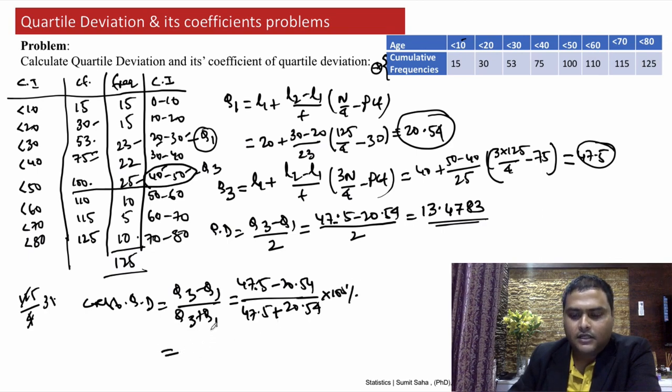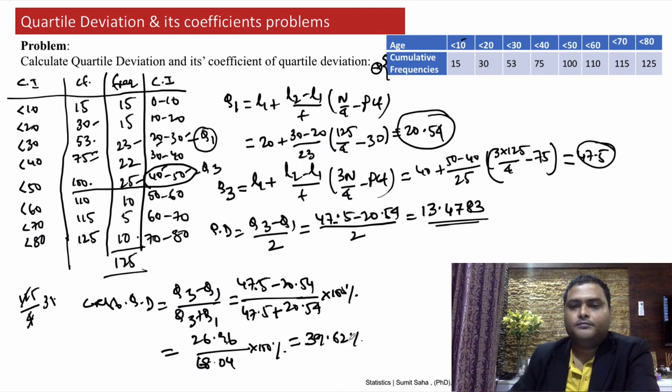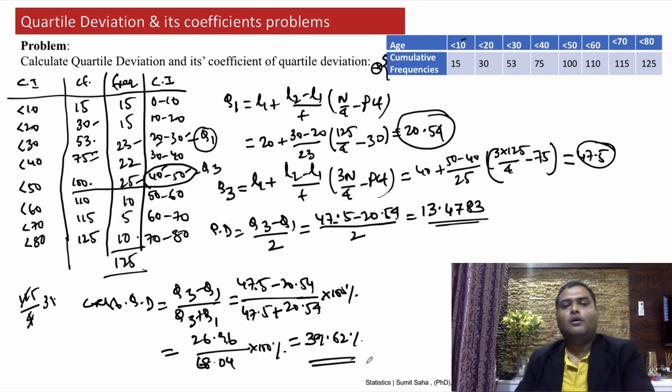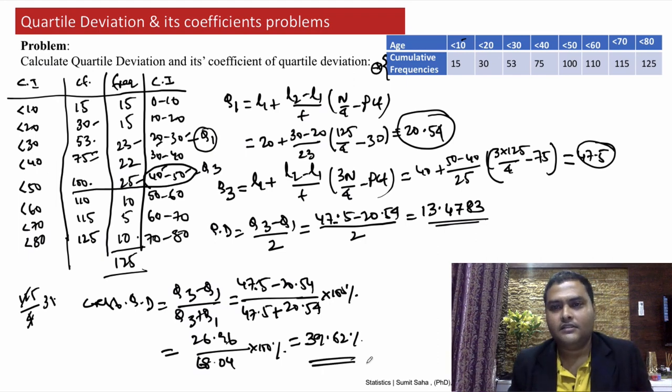So if we calculate, we are getting 26.96 divided by 68.04, multiplied by 100%. So we are getting 39.62%. So this is the value of the coefficient of quartile deviation.